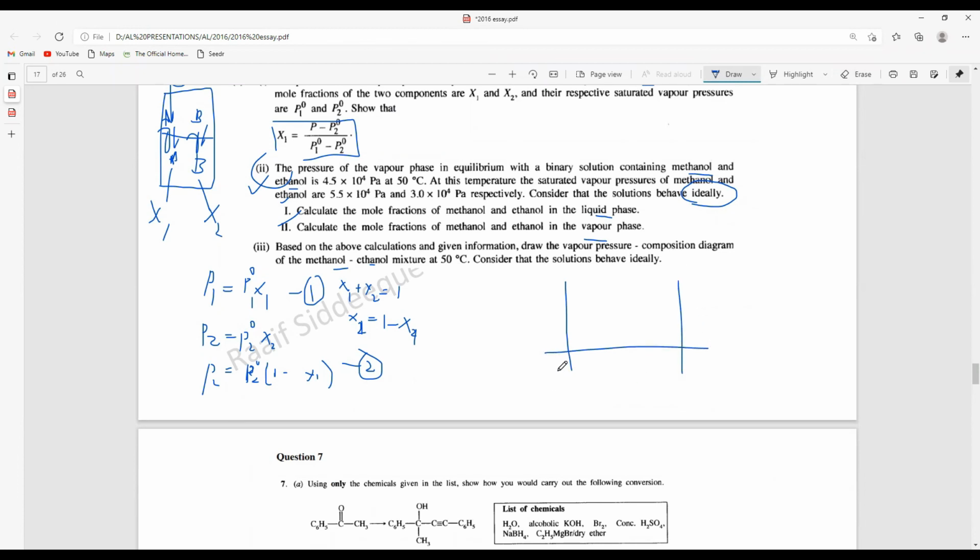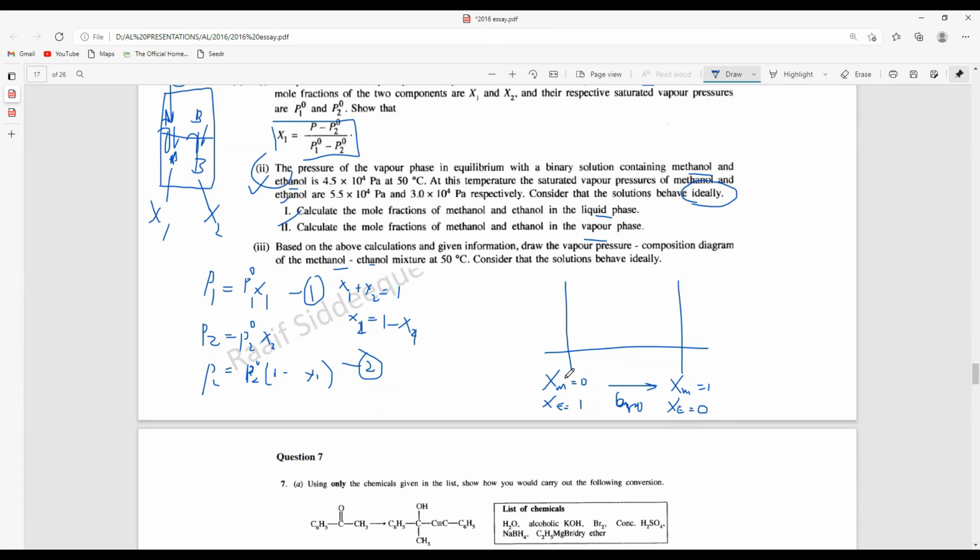You have to mention, let's say, X methanol is 0 here. Then X ethanol should be 1 in this place. And this is composition. You have to write composition here. And here then XM should be 1. And here X ethanol should be 0.